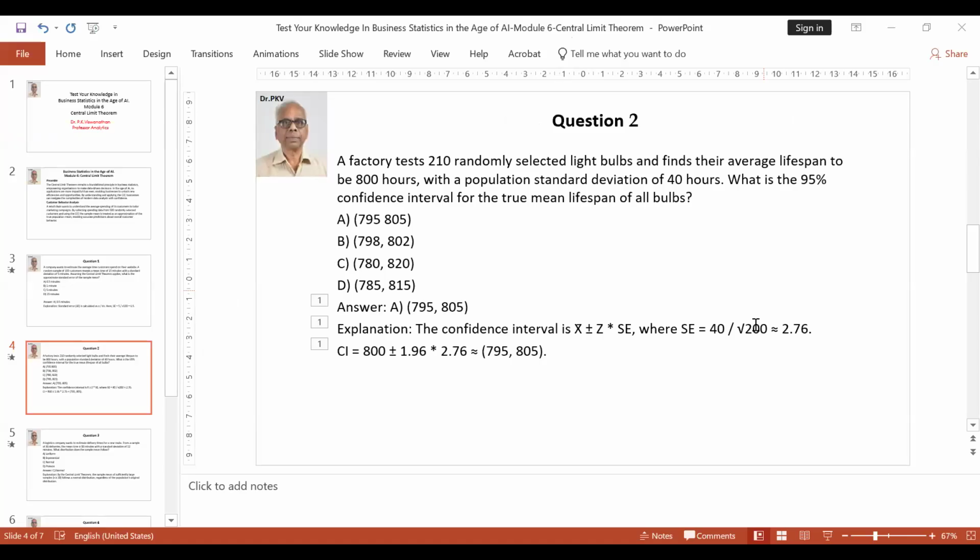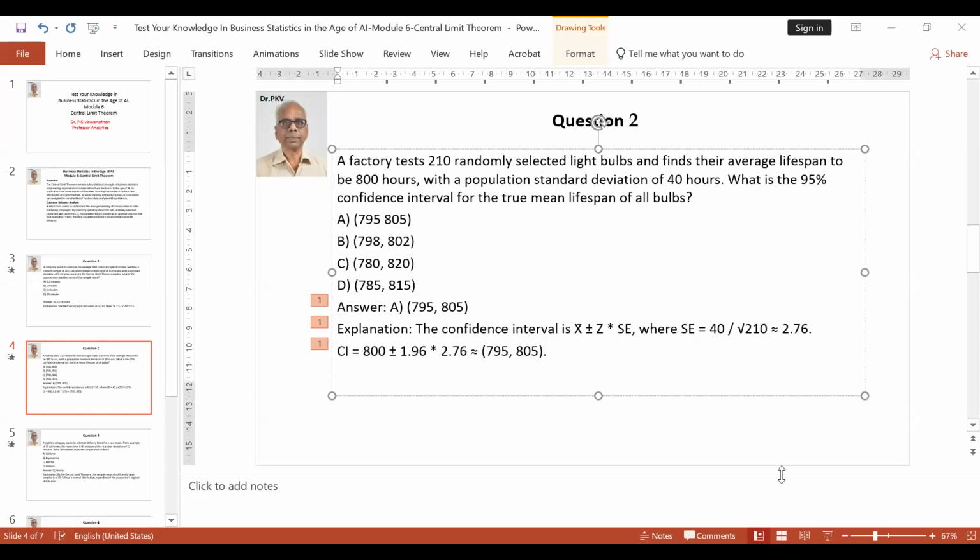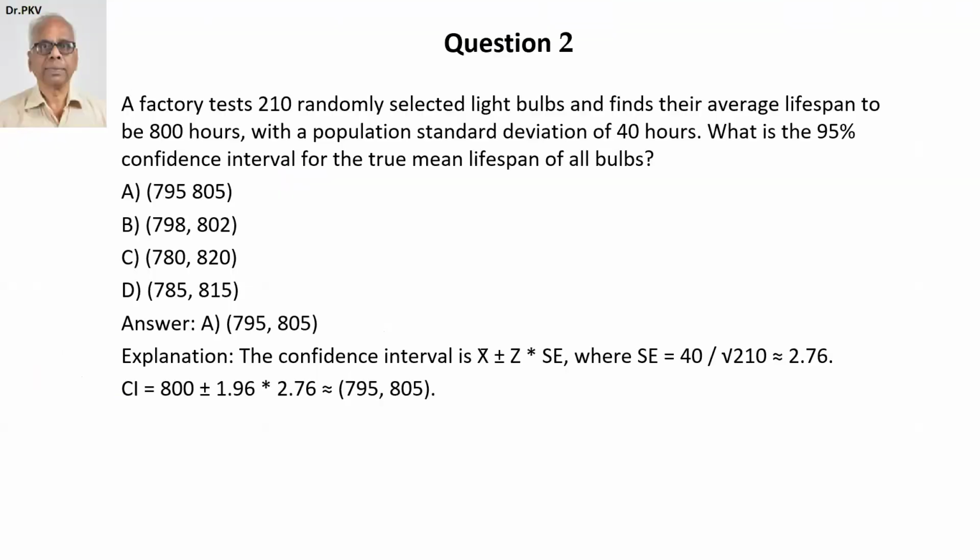It should be 210, and therefore, when you divide 40 by root of 210, it's approximately 2.76. And therefore, the confidence interval is 800 plus or minus 1.96, the ordinate corresponding to 95% confidence level in the standard normal distribution.